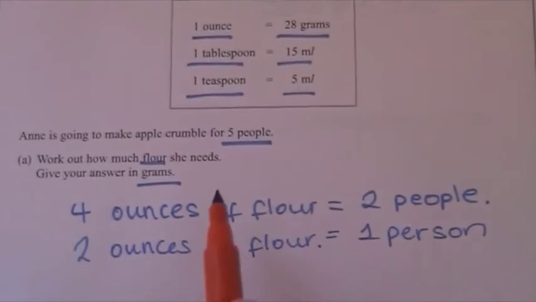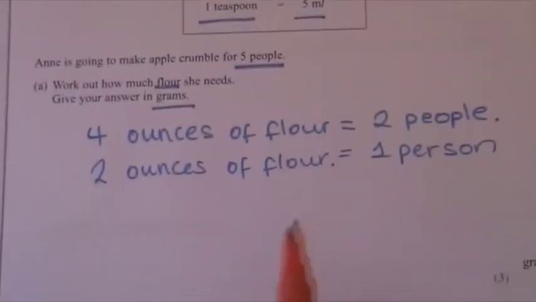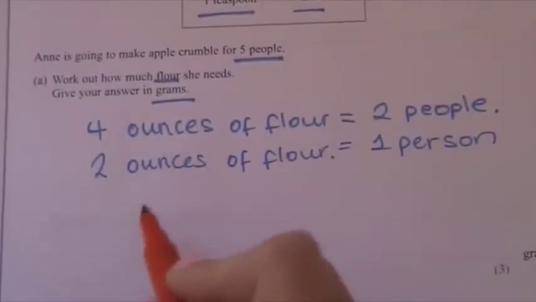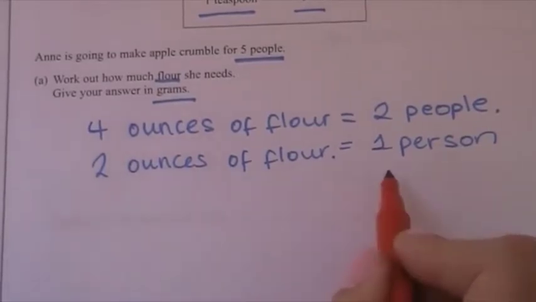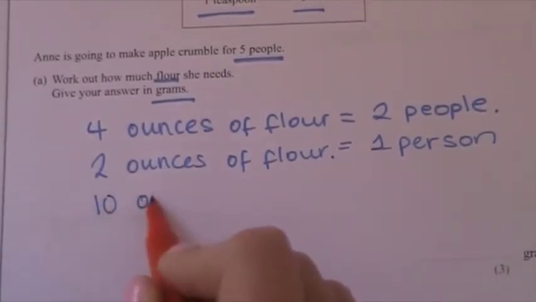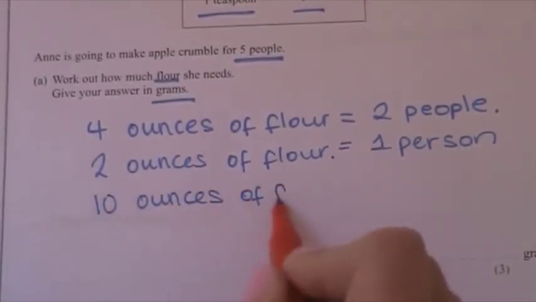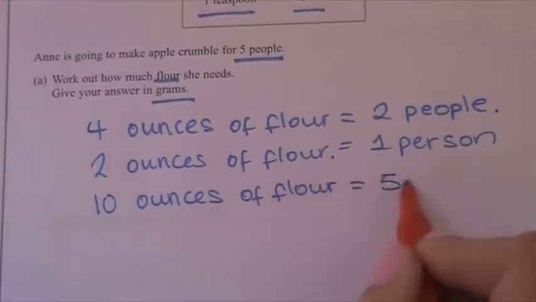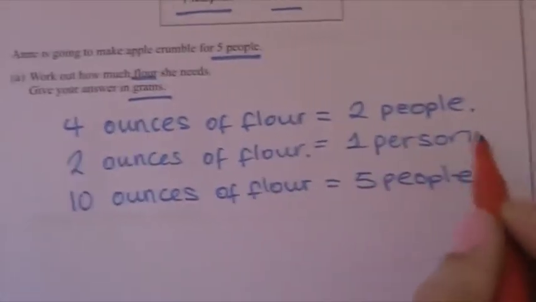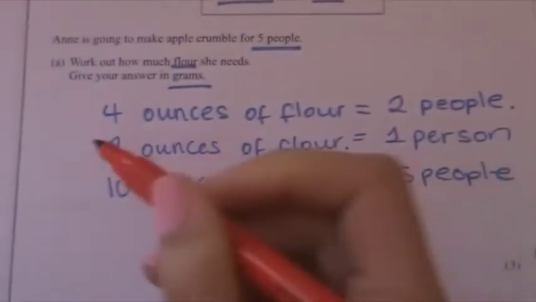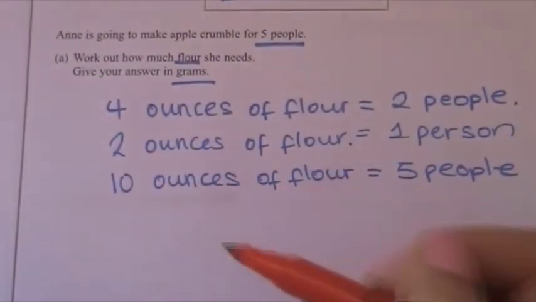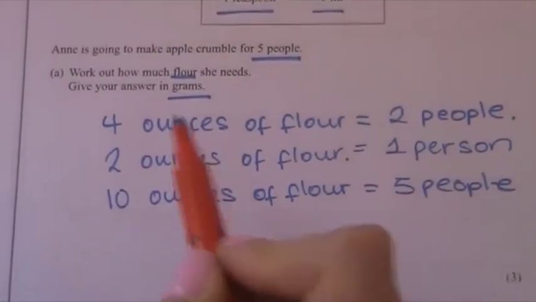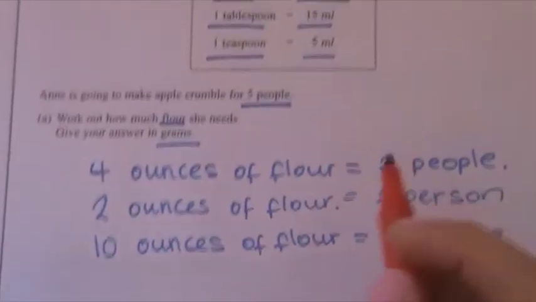Now the question states Anne's cooking for 5 people. So if 1 person needs 2 ounces, that must mean that for 5 people, we're going to need 10 ounces of flour. All we've done there, 1 person to 5 people times by 5, 2 ounces of flour to 10 ounces of flour times by 5.